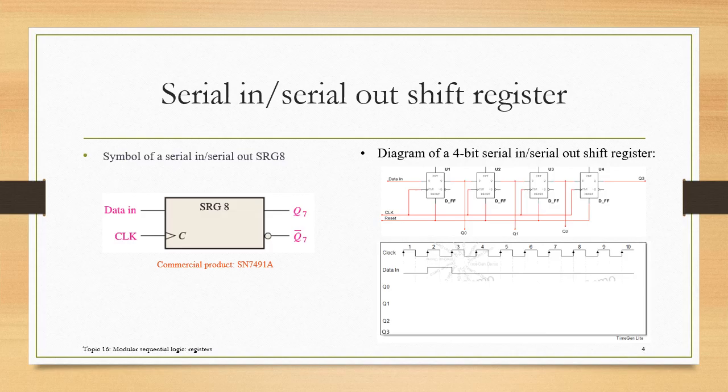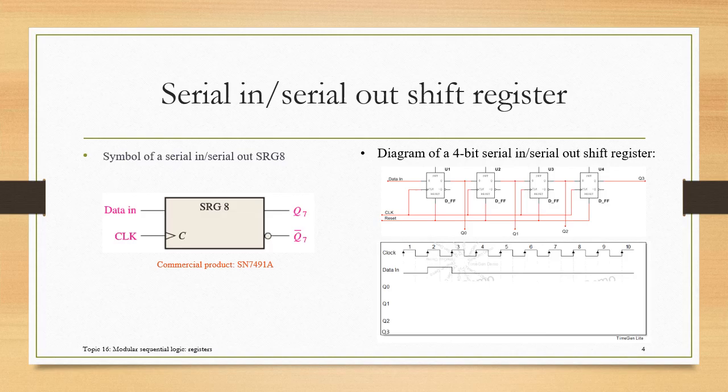Very simple. We also connect all the clock inputs together, so this is the common clock. And we have a reset signal here that allows us to reset them all together, and we can tell the reset is active high.